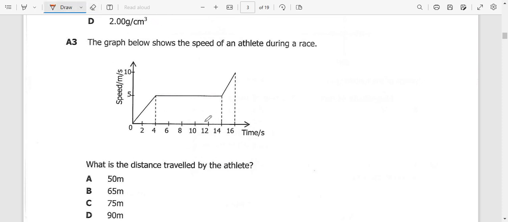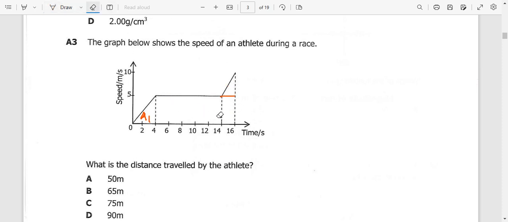So all you need to do is find the area. You can cut this into different shapes. You can say this is a triangle, and you find its area. You have a rectangle here, you find its area. If you want, you can also cut this one: a rectangle here, and a triangle on top there, and find its area too.